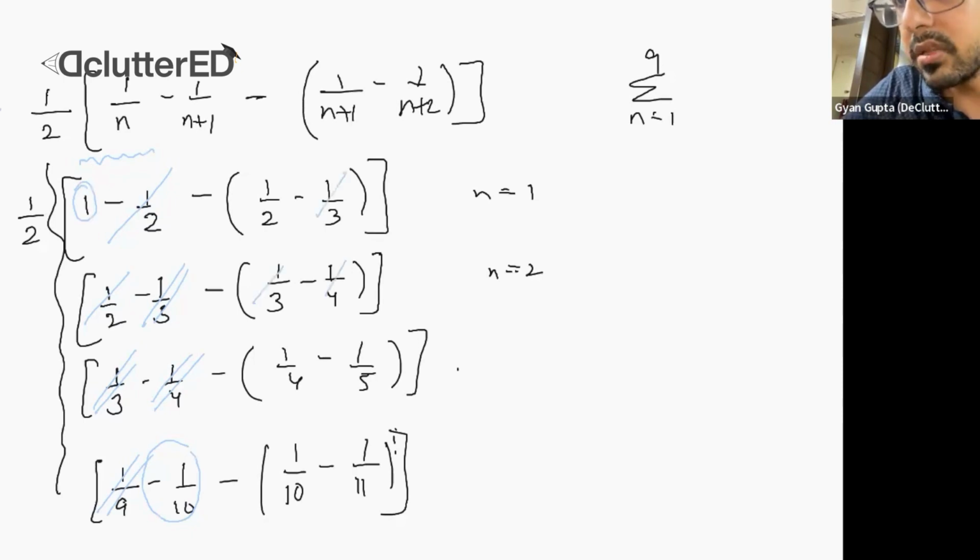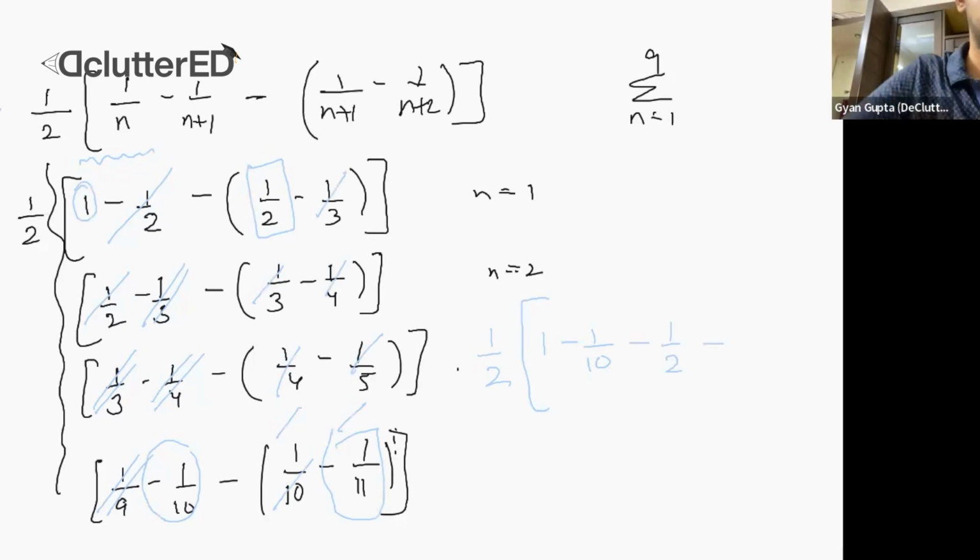I'll be left with the first term and the last term, but with a minus sign. So what I am left with finally is half into 1 minus 1 by 10 minus 1 by 2 plus 1 by 11. Any doubts? No? All right.